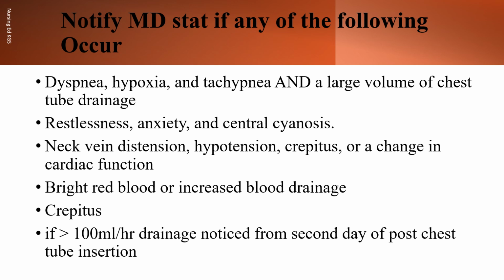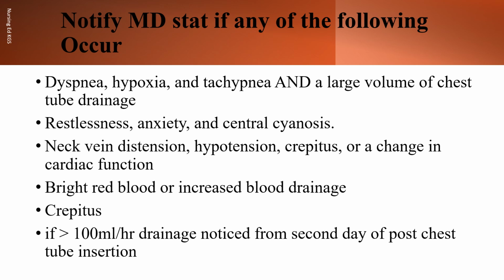If you notice any increased drainage, inflammation, or exudate at that chest tube site, this could indicate that there may be some infection. In addition to notifying the doctor, you'll also get a sample of this exudate so it could be analyzed by the lab should the physician order this.